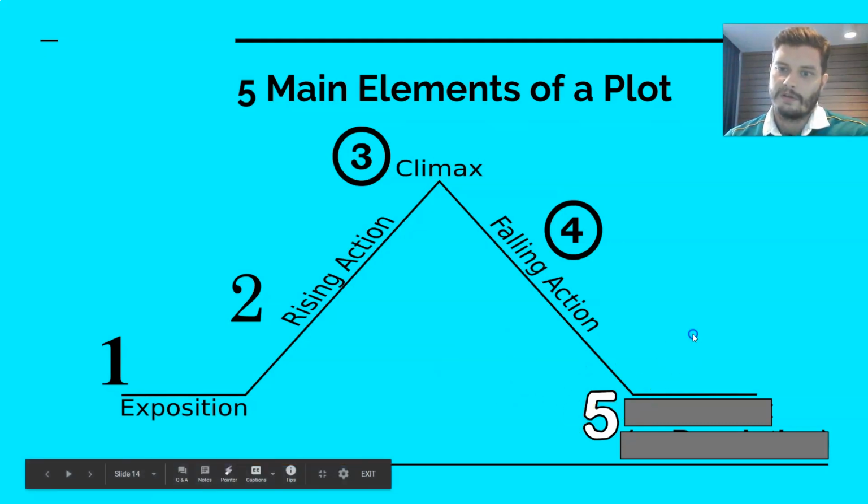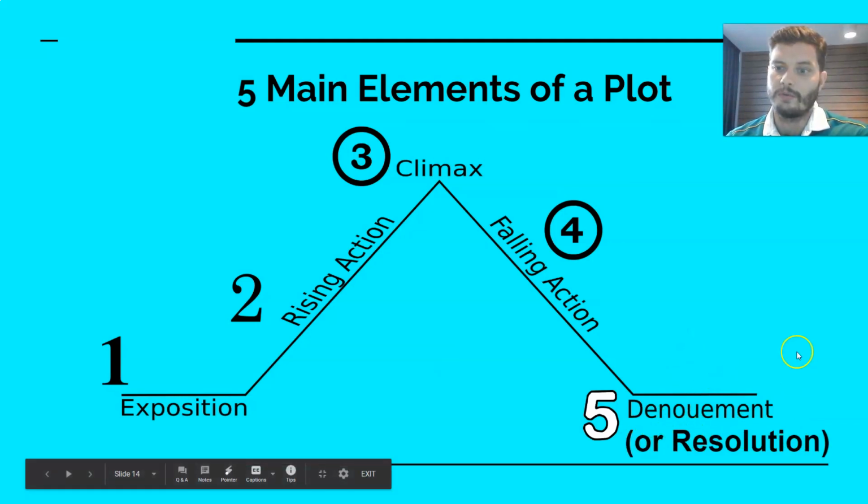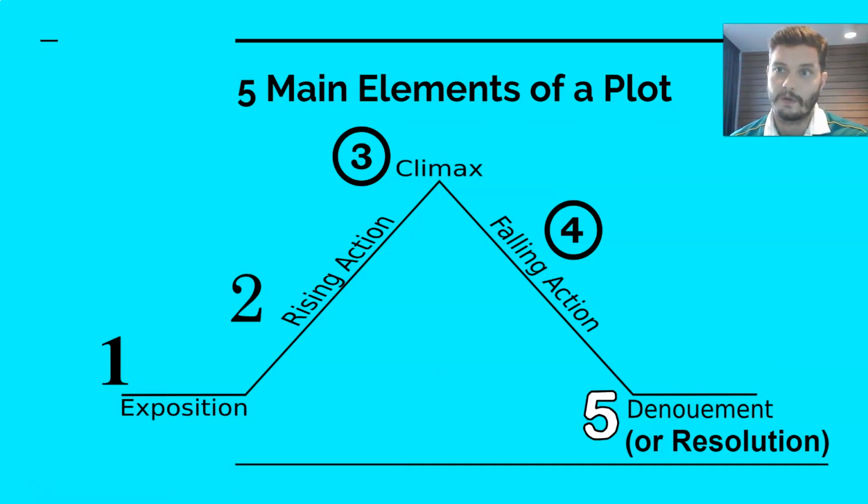Okay, and then we have the resolution, sometimes called denouement. And this is the end of the story, when the story comes to a reasonable conclusion. And now, some stories end on a cliffhanger.